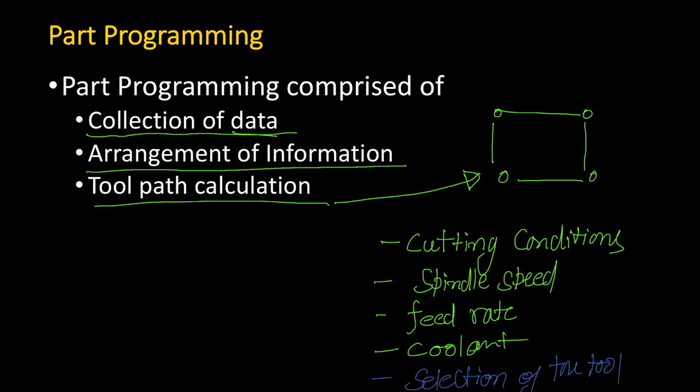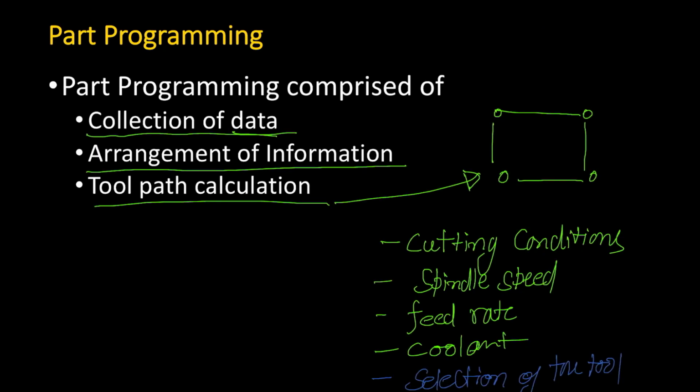While preparing a part program, you need to perform a few steps. First you have to determine the startup procedure, which includes the extraction of dimensional data from the part drawing or the solid model.